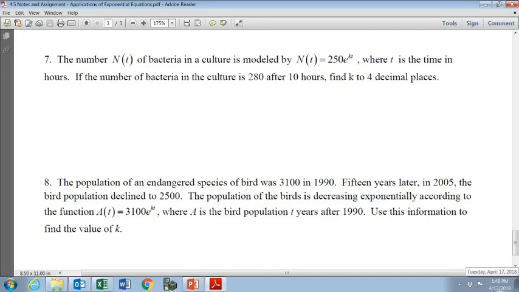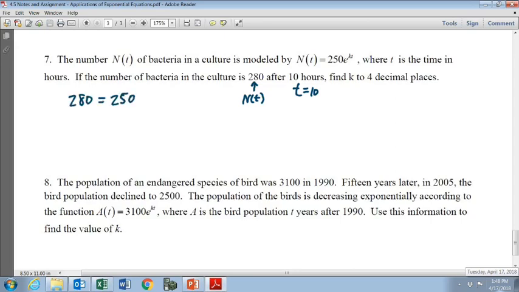All right, so it looks like we're finding k here. So 280, that's going to be our n of t, or the number of bacteria. That's what we want 250 to grow to, and we're going to figure out what k is if we're at 280 after 10 hours. So 10 hours, that's going to be our t.